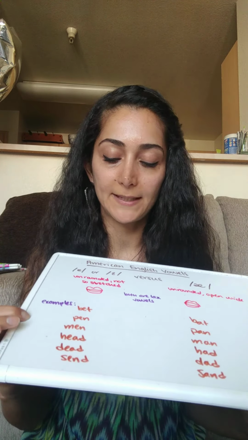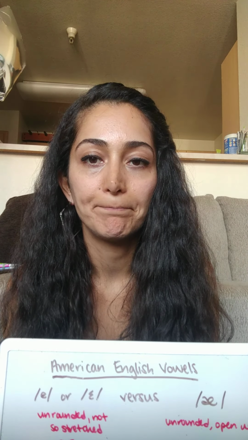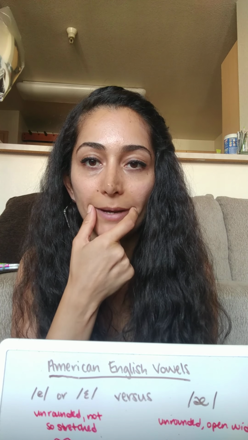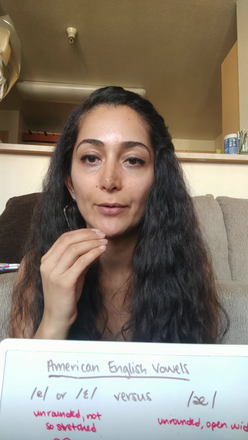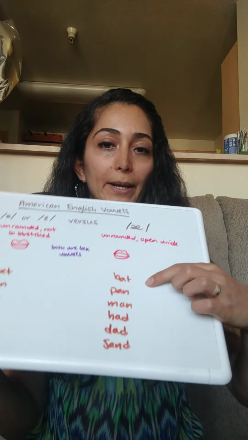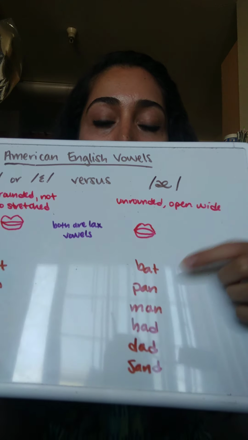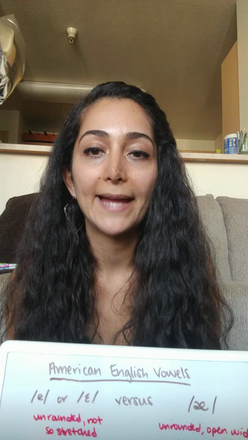So, some examples here to compare. The first example that we have here is bet. That's the first sound, eh, and again the word is bet. So you see the same thing is happening with my lips. The corners of my mouth are going up. My mouth is not round and slightly open. The word we're going to compare it to is bat.